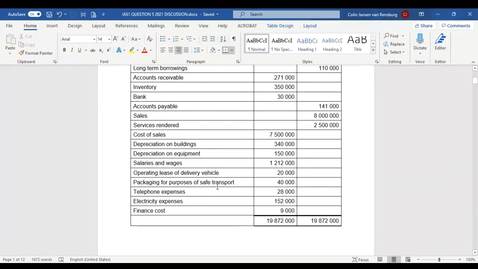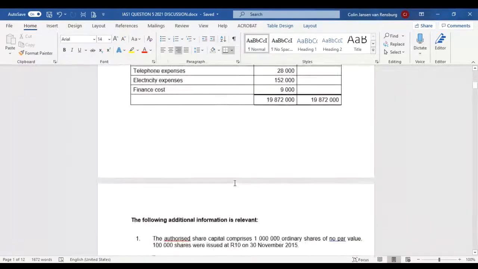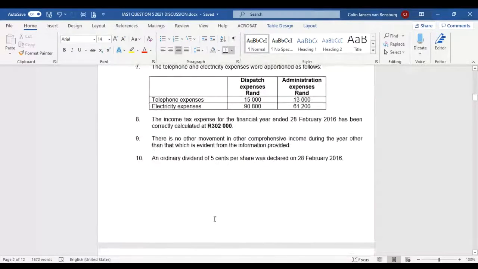So even if they haven't told us any additional information, we would have allocated the packaging expense to the, which function? There we go. The dispatch area, Leonardo, correct?